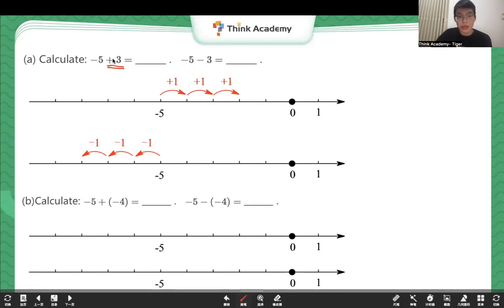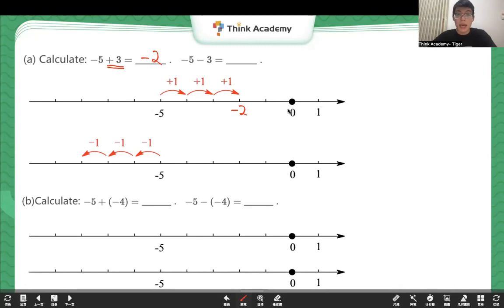So when we are adding 3, it is moving 3 closer to 0, which means that it's going to end up with negative 2. We are not adding 5 to the 3. We are just adding 3 to negative 5, which means that it's going to move 3 numbers closer to 0.